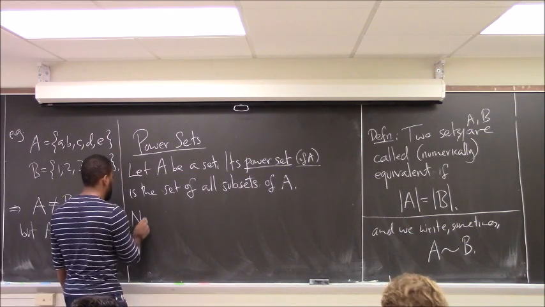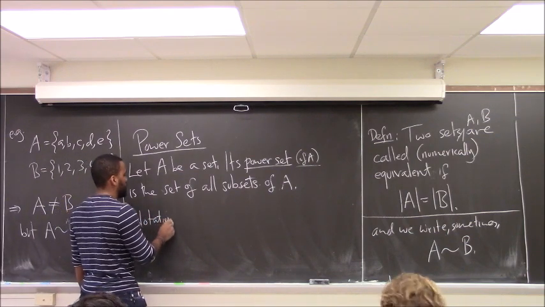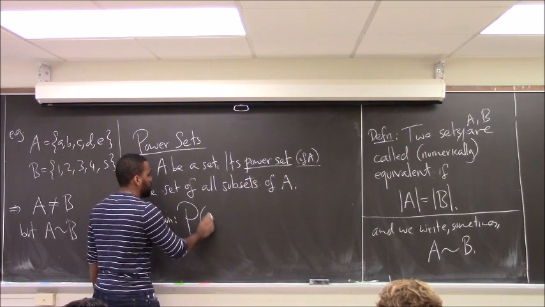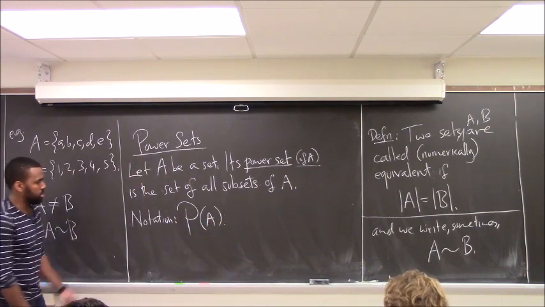The notation here is big P of A. We call this the power set of A, and the P is kind of fancy.